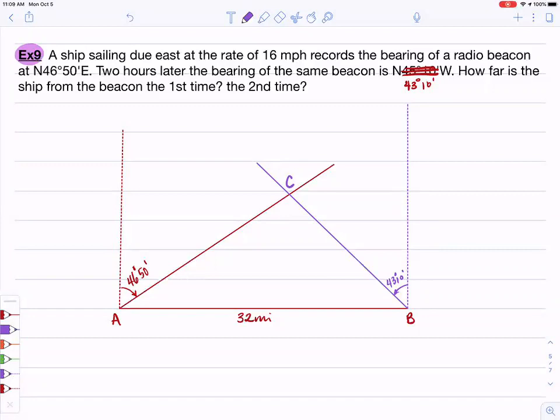What's a name for that distance? Side B. Why is it side B? It's opposite angle B. And the second question, how far is the ship from the beacon the second time? What's a good name for that one? Side A.